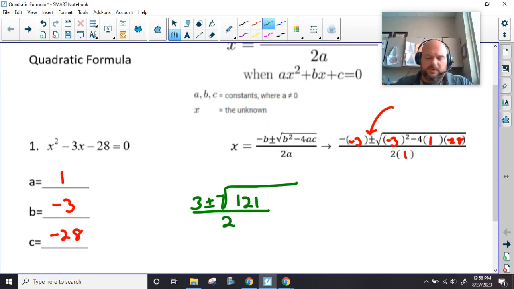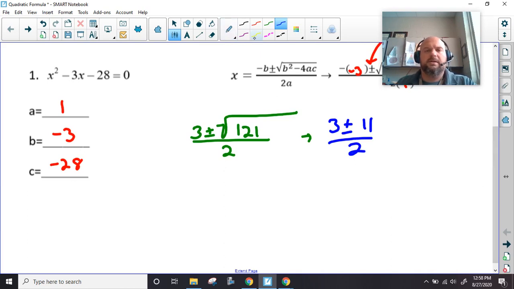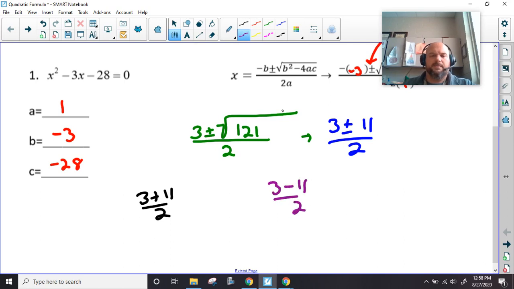Now you can take the square root of 121, or you should know that it is 11. So this is 3 plus or minus 11 over 2. Now, if you were doing this on paper, you would have to split it. You would have 1 where it's 3 plus 11 over 2, and you'd have another one where it was 3 minus 11 over 2.